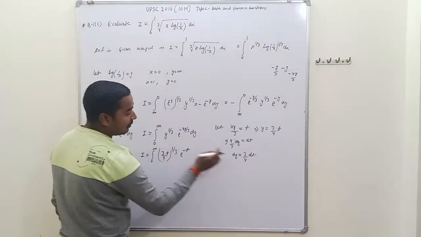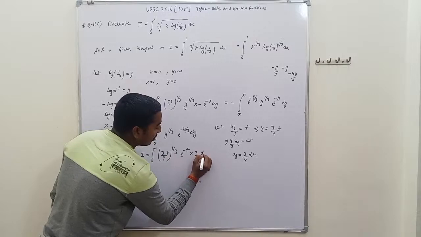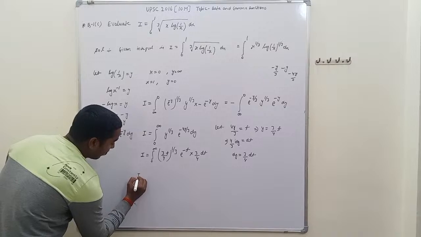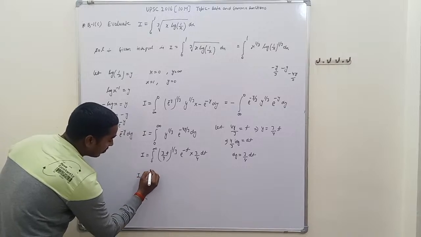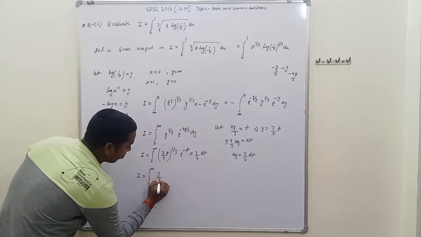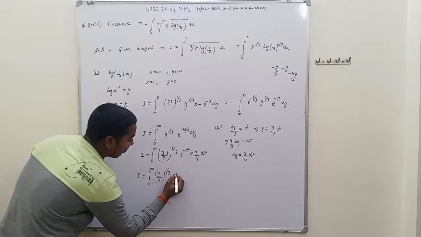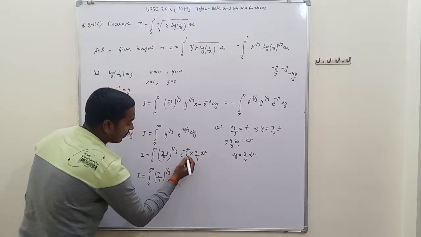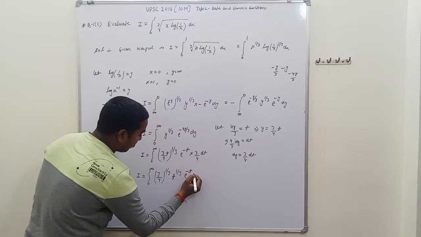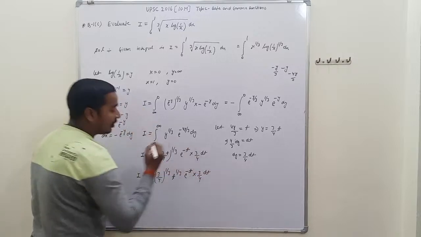In place of dy we have to put 3 by 4 into dt, and further we have to write also, this is given by I is equal to integral limit 0 to infinity, and from here this is (3/4) to the power 1 by 3 and t to the power 1 by 3, and this is written as e to the power of minus t, and here 3 by 4 dt is already present.